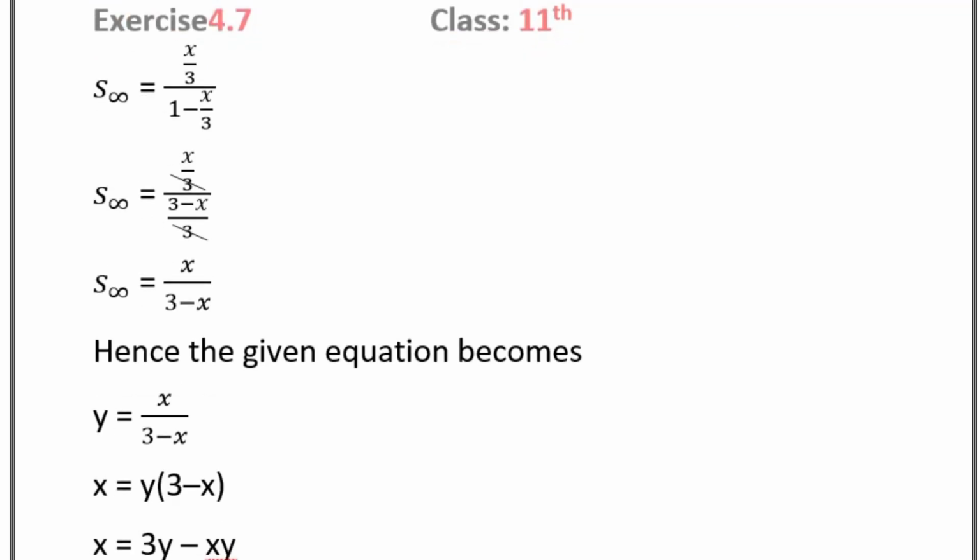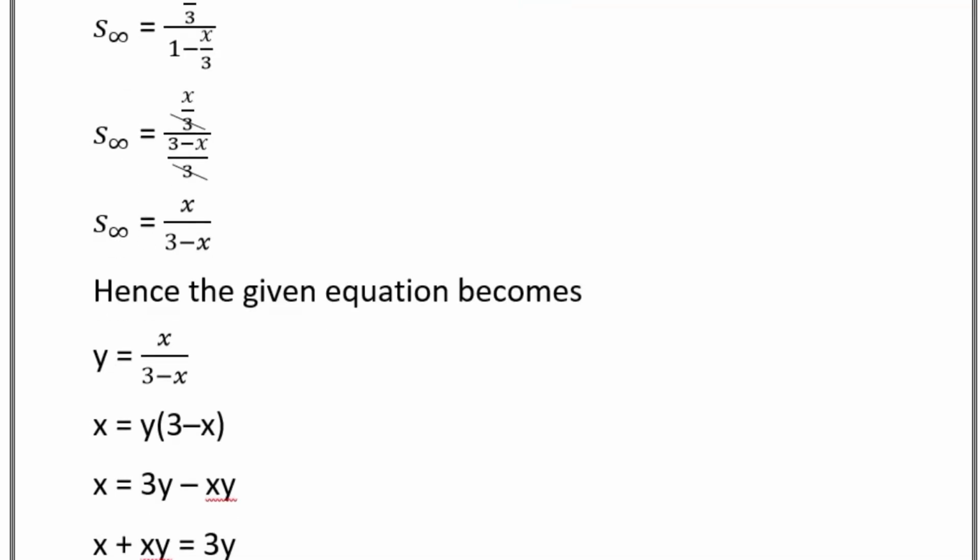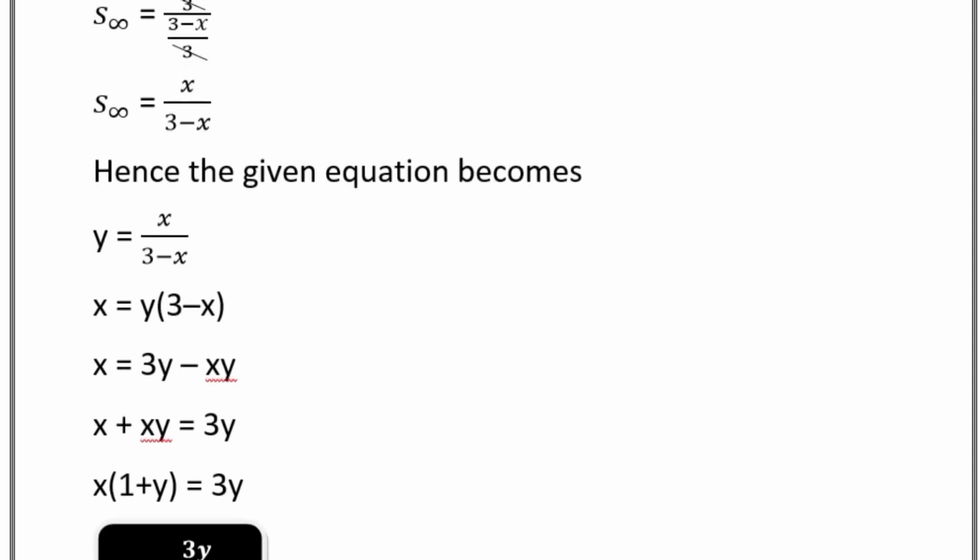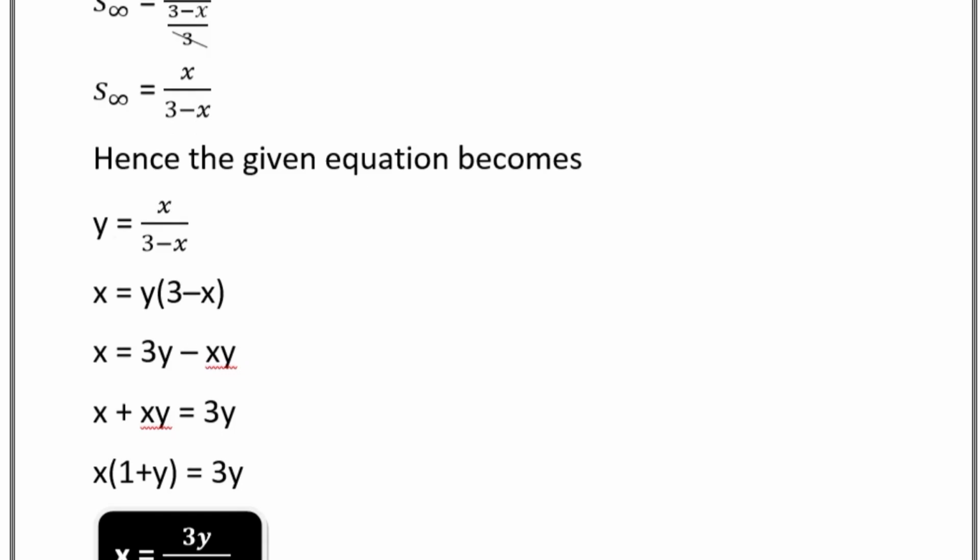Taking minus xy from the right hand side to the left hand side, the sign becomes positive: x plus xy is equal to 3y. Taking x common, x into 1 plus y is equal to 3y. Dividing by 1 plus y on both sides, x is equal to 3y divided by 1 plus y, which is the required result.